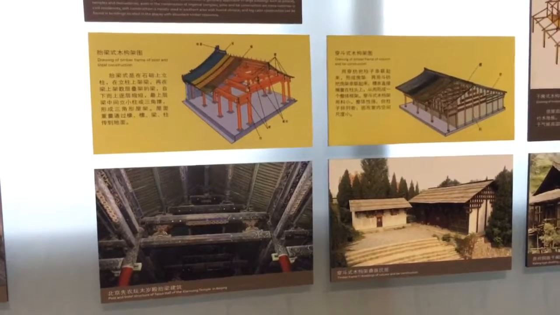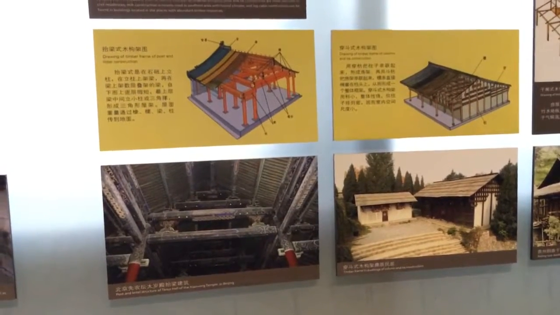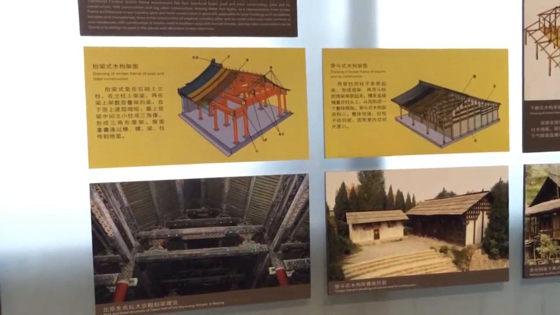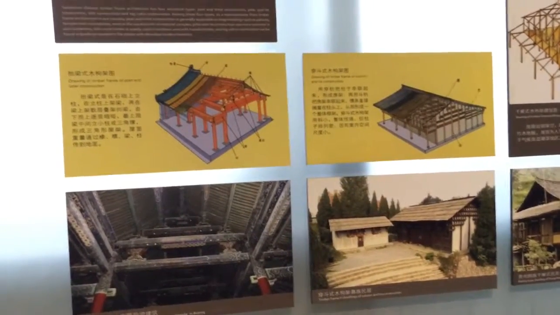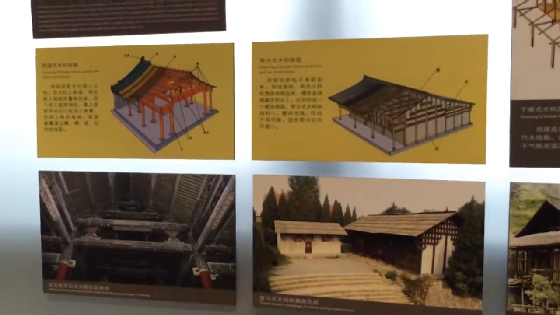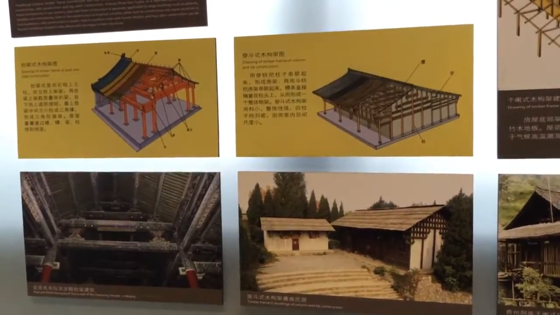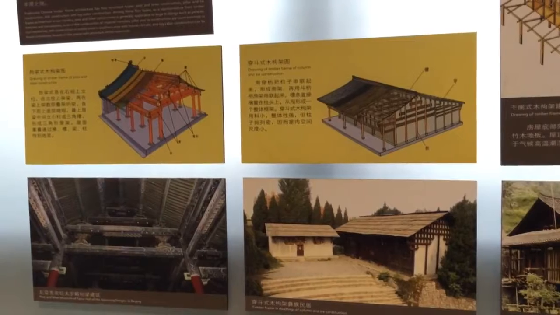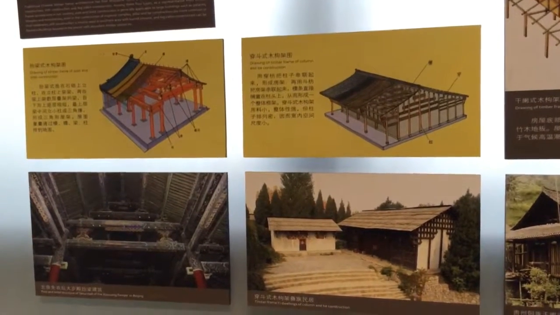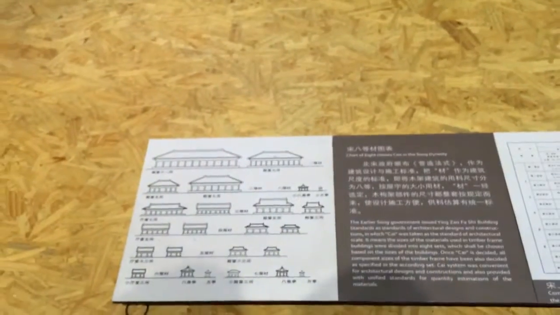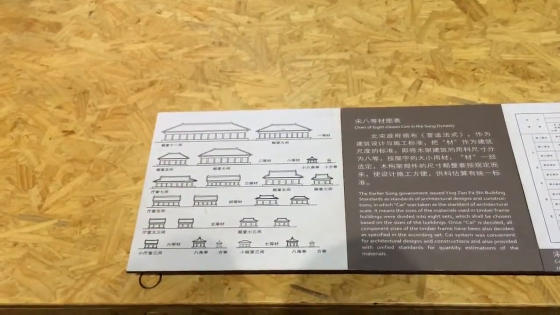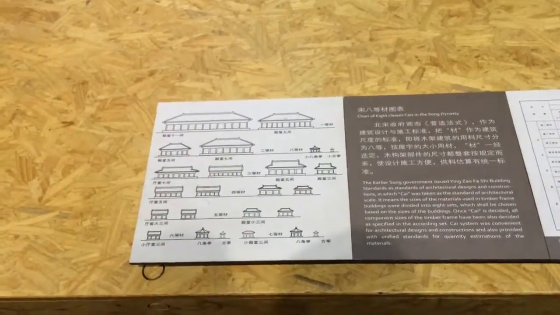Post-lintel structure, Taisu Hall of Xiannong Temple, Beijing, where we are now. Here's timber frame post-lintel construction. Drawing of a timber frame column and tie construction. Yi dwelling column and tie construction. Chart of 8 classes of Cai in the Song.